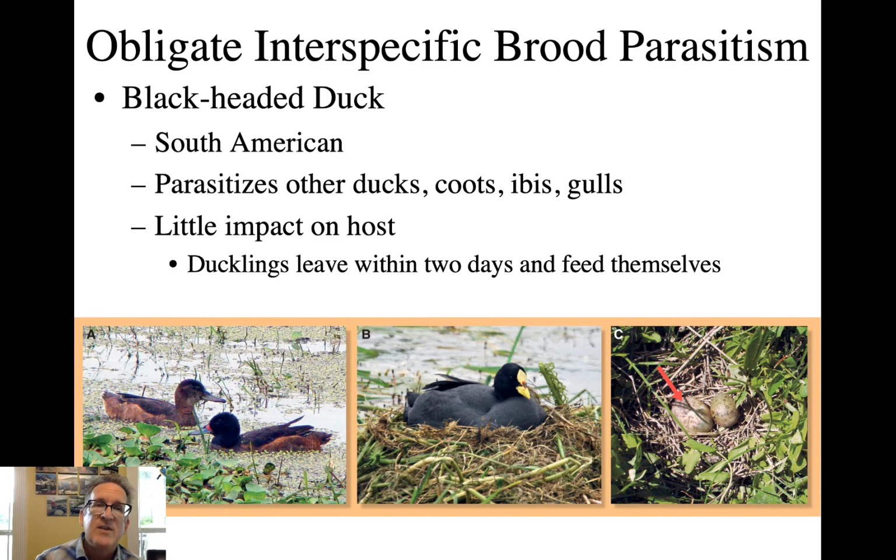One species of duck, the black-headed duck from South America, is an obligate interspecific brood parasite. They parasitize other species of ducks, coots, ibis, gulls. All of these share in common, again, similar reproductive nesting biology and the fact that they're producing precocial young. So it really has little impact on the host in this case.